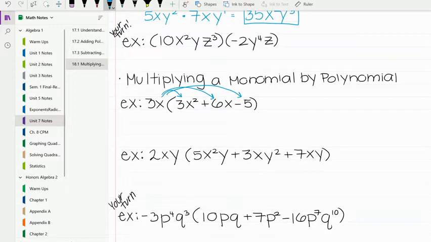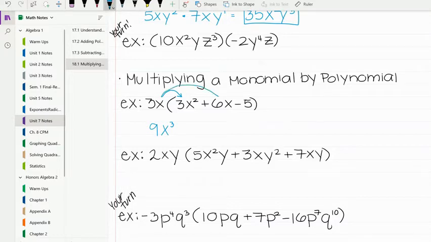And again, we've kind of already done this when we studied exponents. So it's nothing new. It's just remembering those exponent properties. So we're doing 3x times 3x squared, and we'll kind of do this one at a time. So 3x times 3x squared would be 9, and then x cubed, because 3 times 3 is 9, and x times x squared would be x cubed.